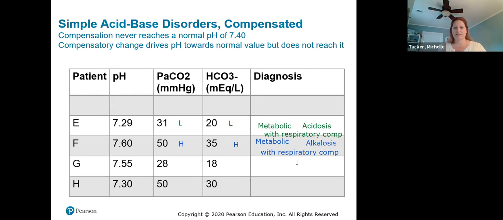7.55 is acidosis or alkalosis. Always start there. Then we have CO2 of 28 is high, low, or normal. And then we have a bicarb of 18 is high, low, or normal.